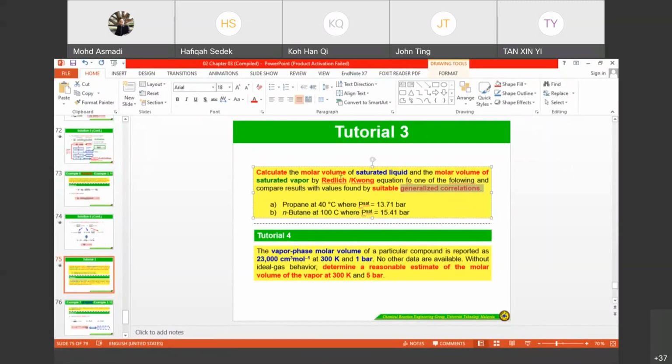No need this one, I think you know how to use it. Only saturated liquid and saturated vapor, by using suitable generalized correlation. Can you calculate? Only for propane.